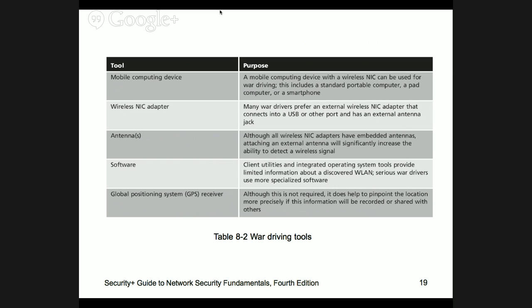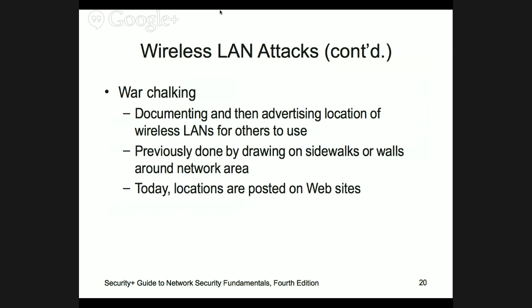Global positioning system receiver: a lot of times wardrivers will not only have the external USB Wi-Fi card, but also an external GPS USB, so that these apps, like NetStumbler, can get not only the SSID but at the same time the GPS coordinates of that SSID while they're driving, and share it with others.